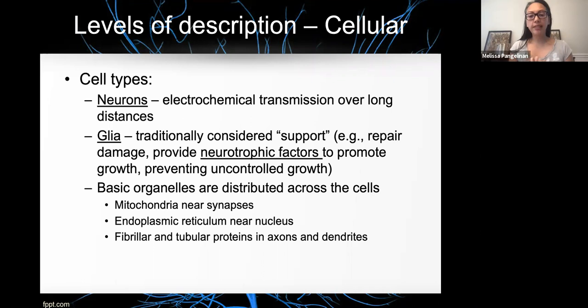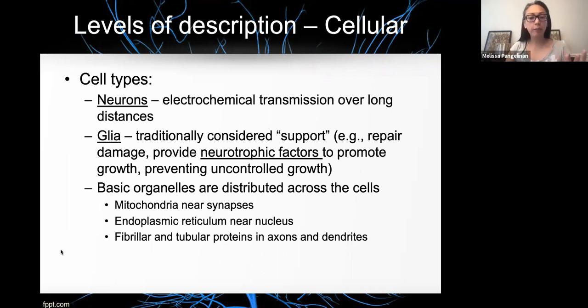They also help to signal when there's been uncontrolled growth, like in cancers. And when glia don't function well, we end up getting these malignancies that cause tumors to grow within the brain. So again, neurons and glia act in concert together. Although neurons are important for actually creating the electrochemical transmission and electrical potentials, the glia are really important for their overall function and whether or not they're going to survive and be successful.